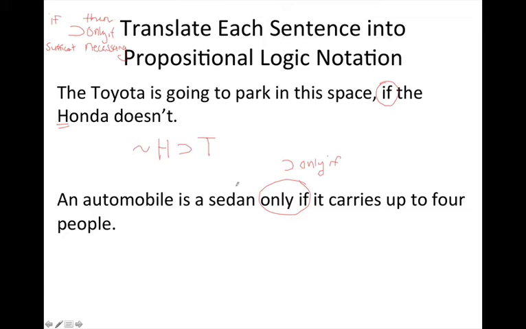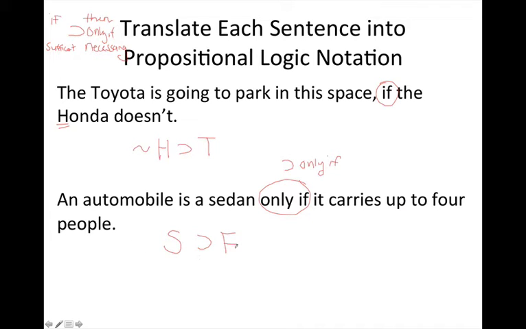And if you think about how we took conditional claims from chapter 5, section I, as being translated as universals. So if this, then that became all this are that. If we had only if, we translated whatever came after only if in the predicate position. So here the predicate position is the right side of horseshoe. Okay, so an automobile is a sedan, so I'll use S for sedan, only if it carries up to 4 people.